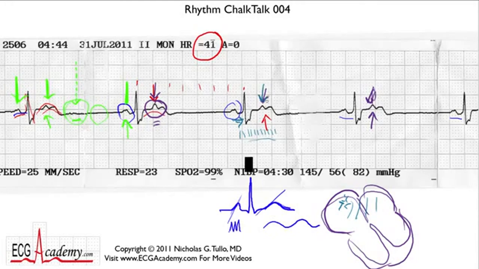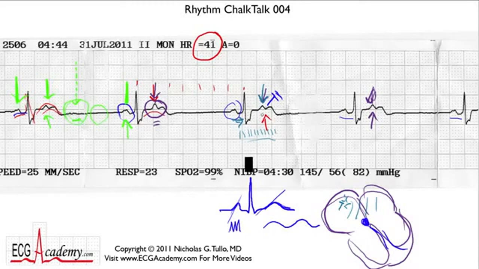So when this P wave hits the AV node, it finds that the AV node is not capable of conducting the beat properly. And so the AV node fails to conduct the beat, and you get a P wave that blocks. Well, I don't like the word block because it implies that something is wrong, that the AV node didn't behave normally.